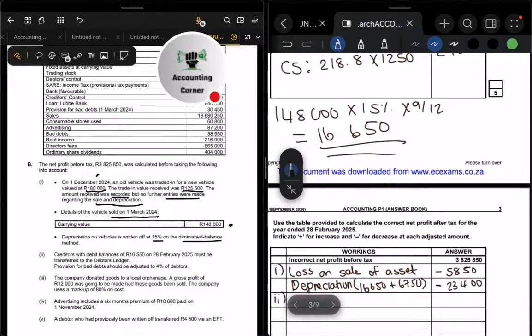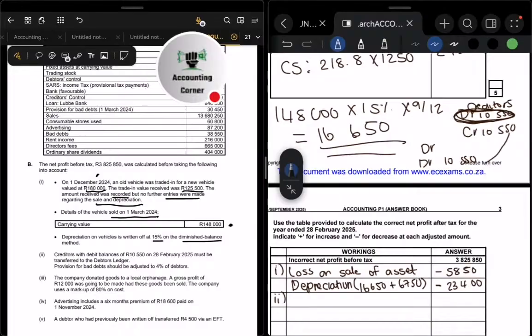Okay. So now they currently have a debit on their creditors' ledger. So how do we remove that? We remove that by crediting their creditors. So if they have a debit of 10,550, we need to credit 10,550 under creditors control, right? And then what do we do with debtors? Under debtors now, we are going to debit that 10,550. This was already recorded. This was a balance that was already recorded under creditors.